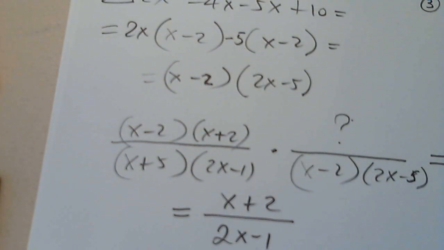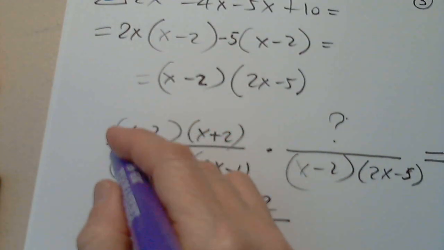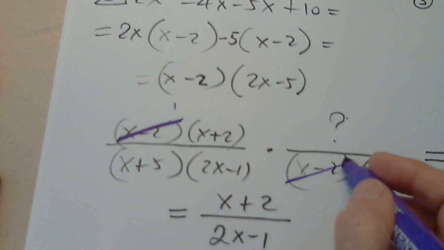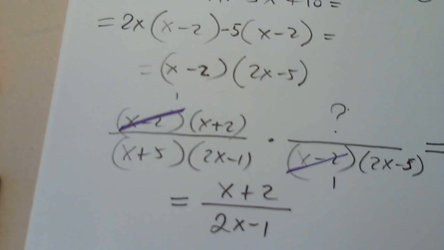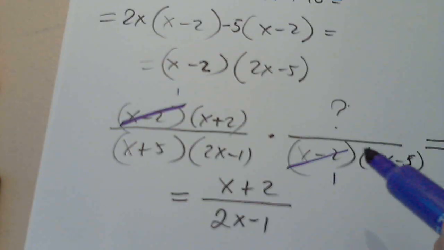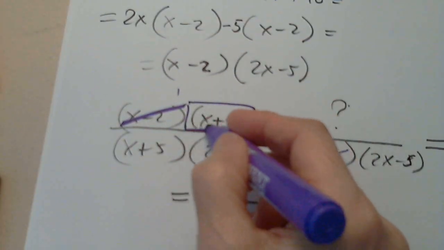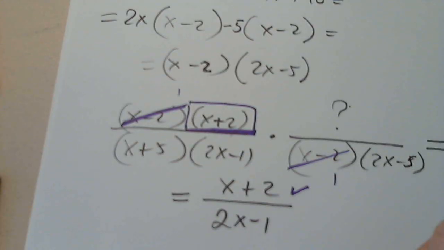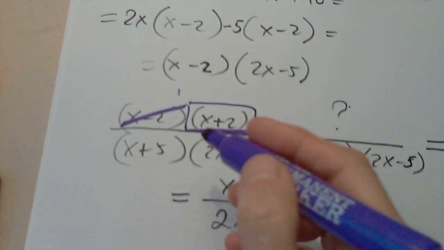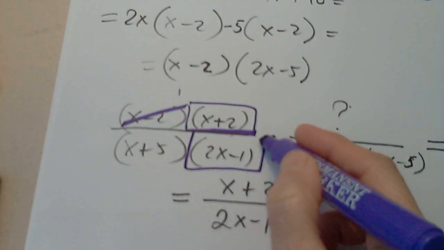So let's take a look. What do we need in the numerator to make this happen? So first of all, x minus 2 will go away with an x minus 2. Now, x plus 2 has to stay. Why has to stay? Because it's here in the final answer. 2x minus 1 has to stay. Why?